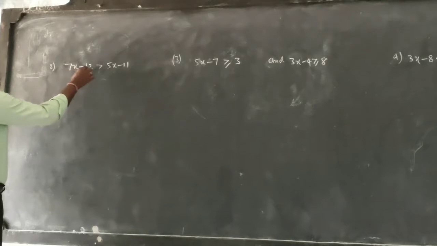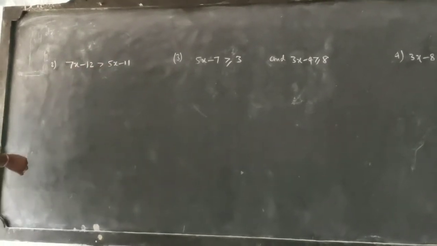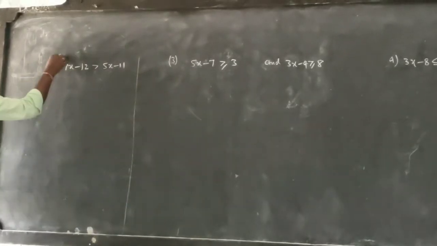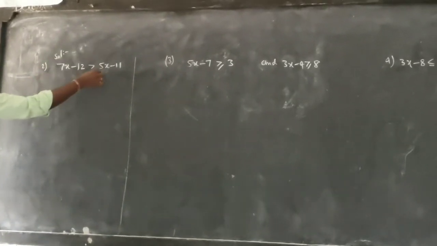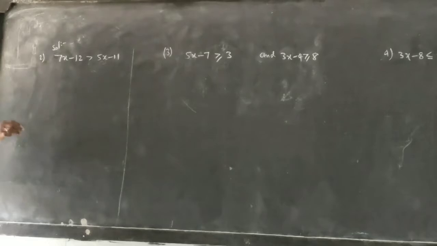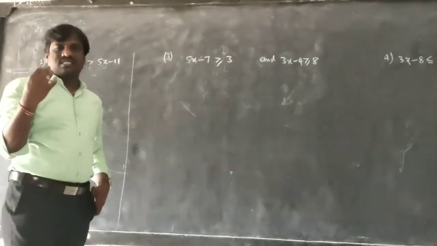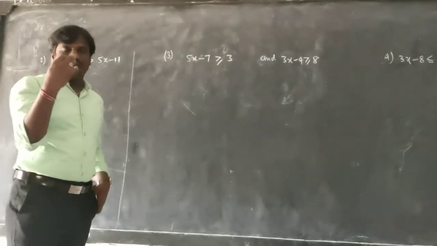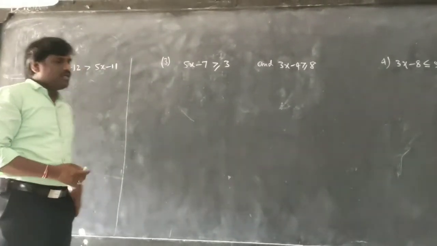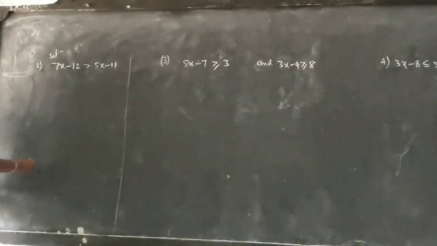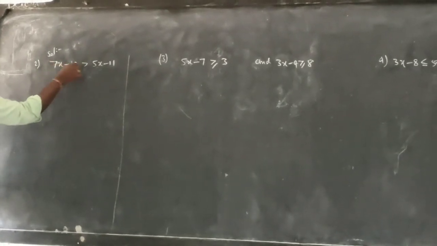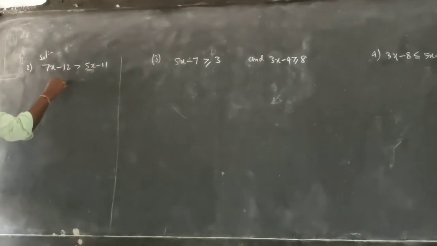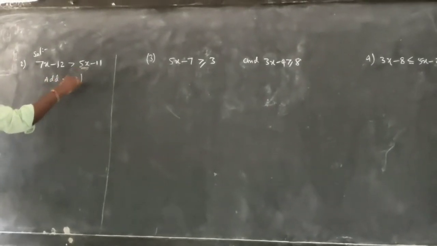So here 7x minus 12 greater than 5x minus 11. You have to find the value of x here. If you want to find the value of x, what do we do here? You have to make all the x's on one side and numbers on the other side. Means make x on the left side and the numbers on the right side. To remove this 5x, add minus 5x on both sides.